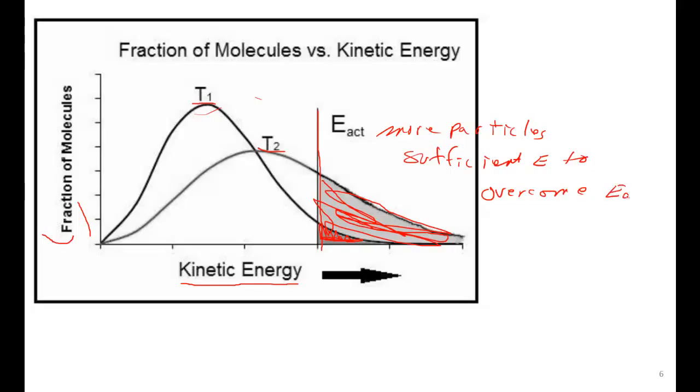Now a lot of students will write on the FRQ and not get the point because they wrote that at a higher temperature the particles are moving faster and therefore they'll hit each other harder. That's not going to get you the point. You have to say what's happening here is at a higher temperature more particles now have sufficient energy to overcome the activation energy.